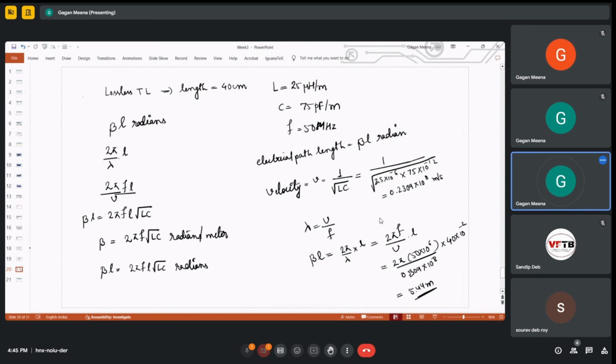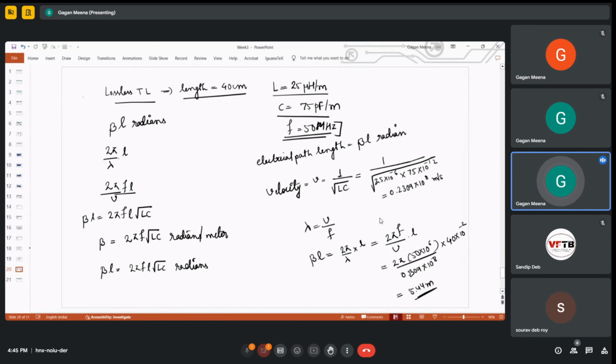So let us move to the next question. The question was that we have a lossless transmission line with a length of 40 centimeter, with L of 25 microhenry per meter, capacitance of 75 picofarad per meter, and frequency of 50 megahertz.